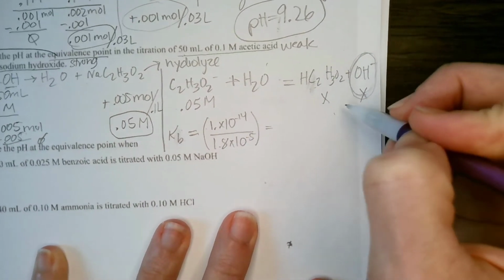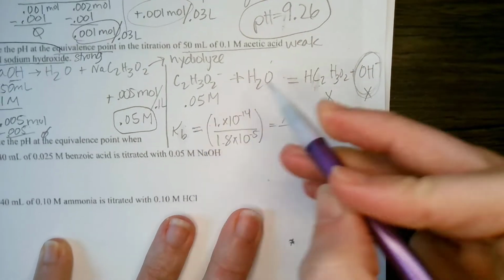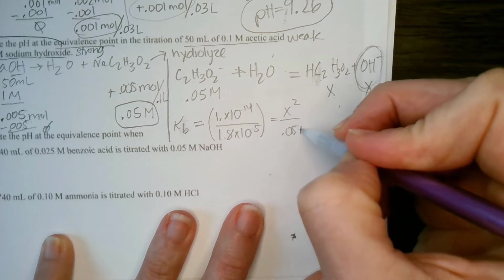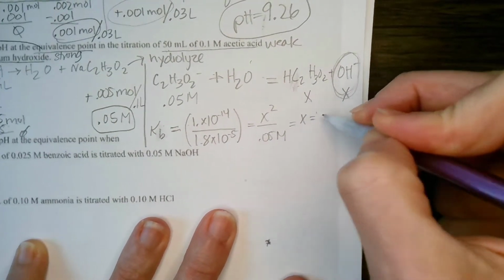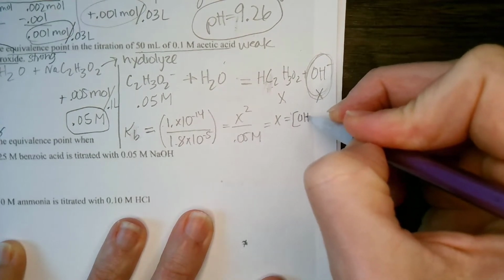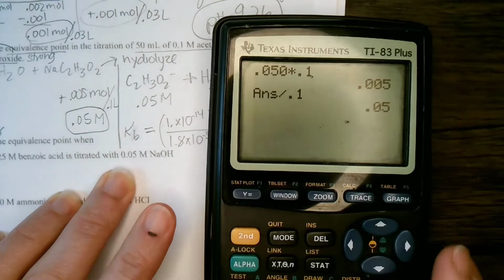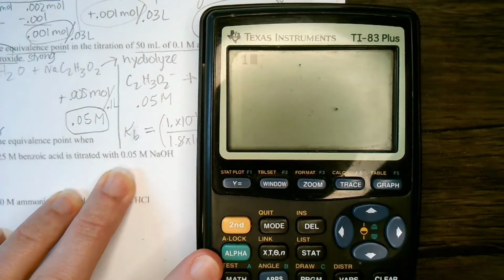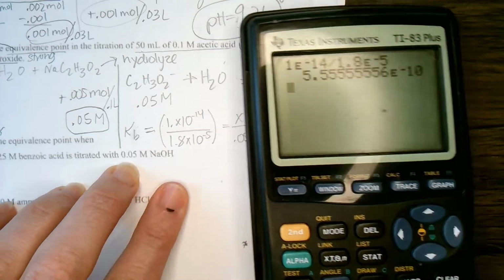And then we have our products. X times X is X squared over reactants, 0.05 molar. And let's see what we get for X, which is my hydroxide concentration, right? So we're going to do 1 times 10 to the negative 14th divided by 1.8 times 10 to the negative 5.